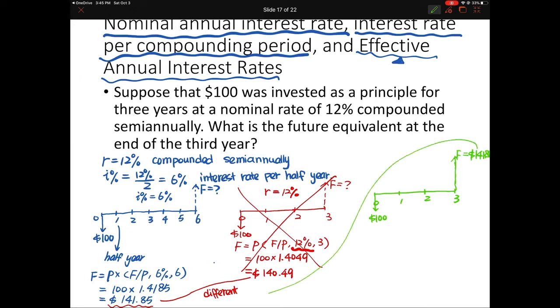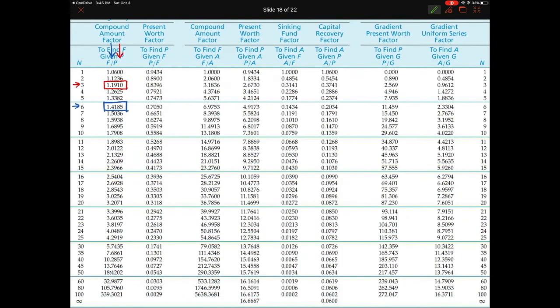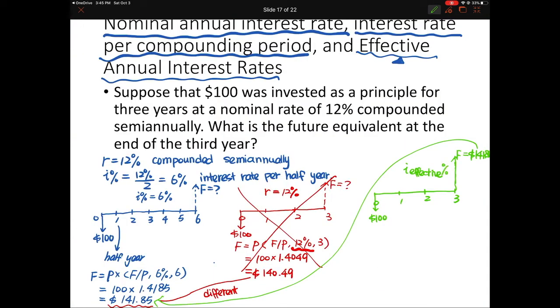Okay, that's the same as if we use the interest rate per period. Then what is the interest rate which makes it happen?